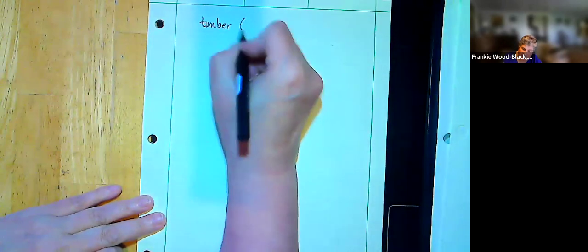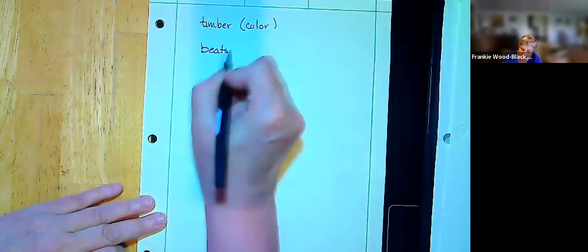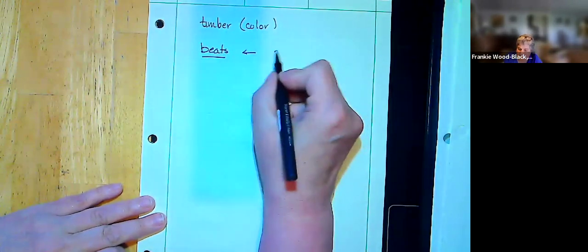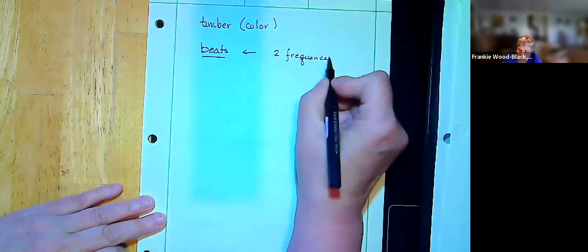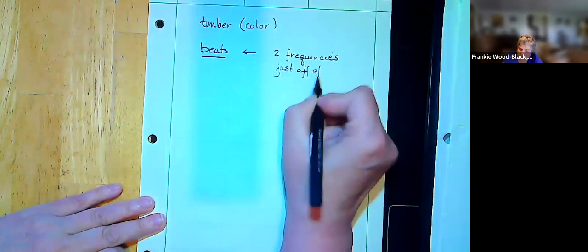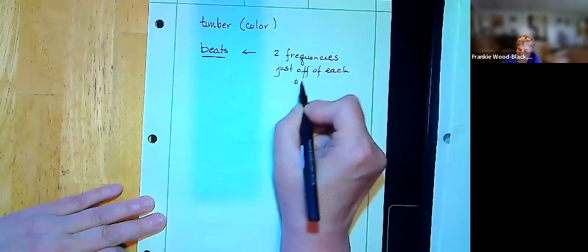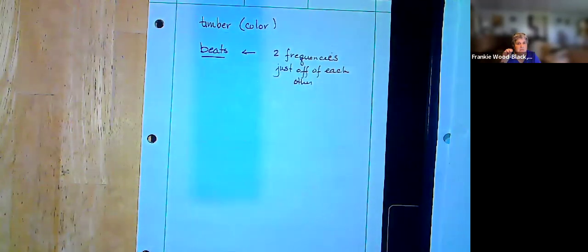In your text, we've already talked about timbre, and that's like color. And beats are another interesting thing. These are when you have two frequencies that are just off of each other, or slightly out of tune if you want to think about it, and you'll hear this bump, bump, bump, bump sound when you listen to it.